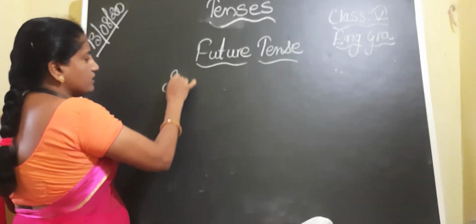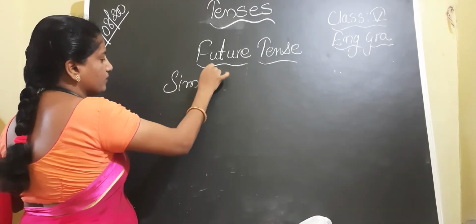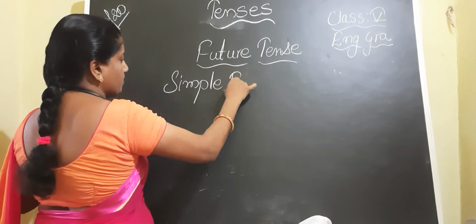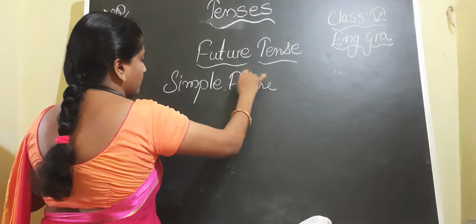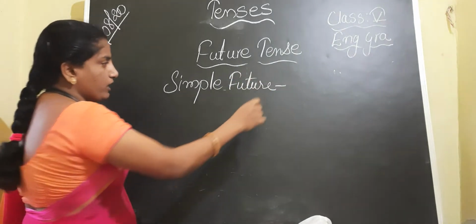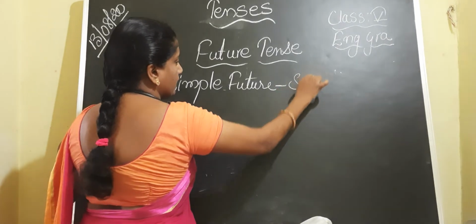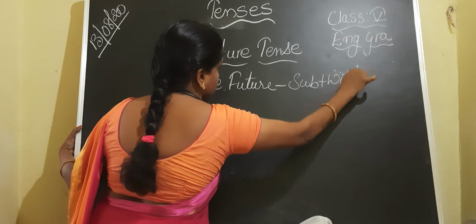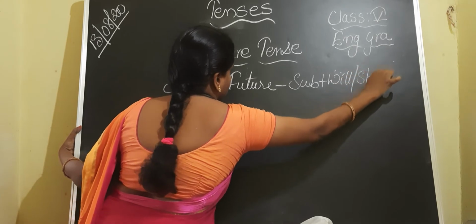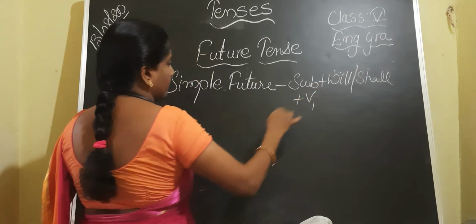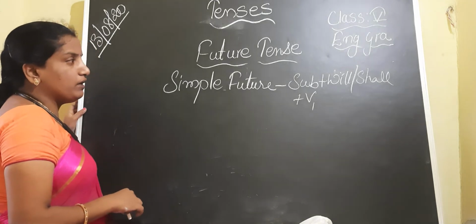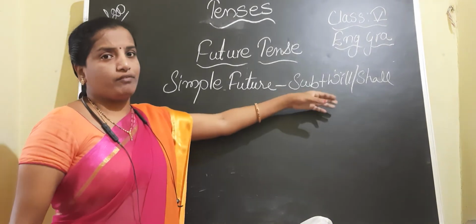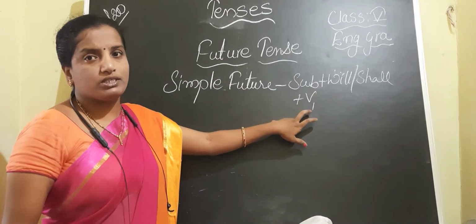Coming to the simple future, children, here if you observe, will or shall is the common helping verb in the future tenses. In the simple future along with will or shall we have to use V1.